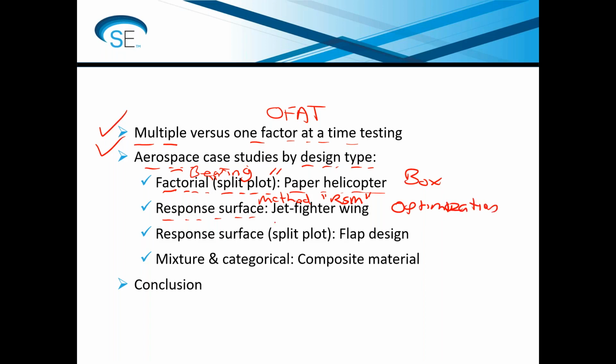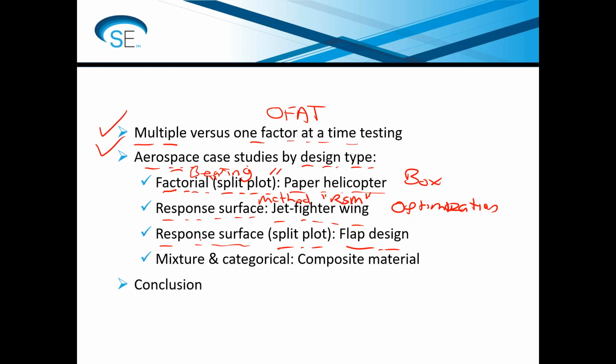And we'll look at a case study on a jet fighter wing. I think it was actually on a computer simulation. And the other one on response surface is a split plot with hard to change factors on a flap design. And again, some of these are done in actual hands-on experiments, like in a wind tunnel, and others are using finite element analysis simulations and things like that.